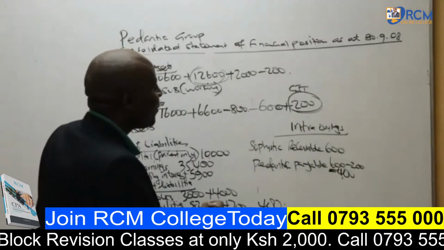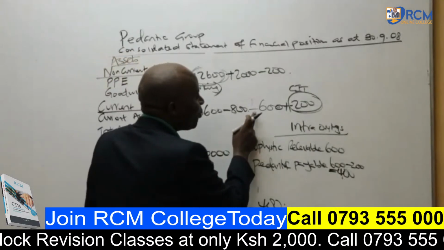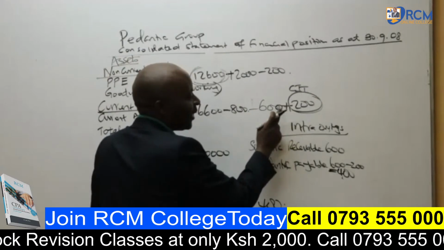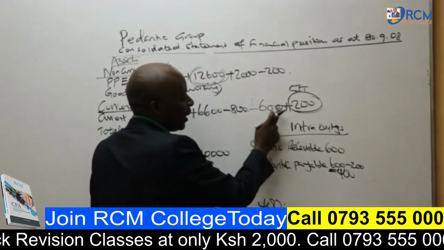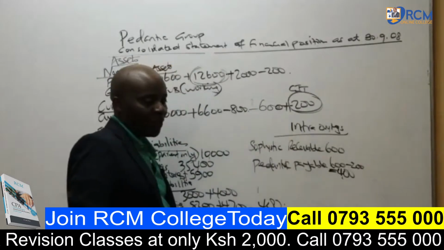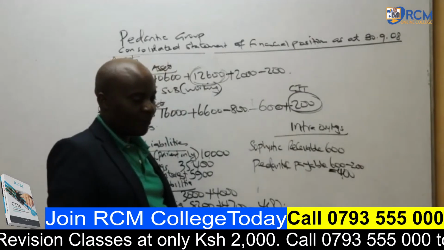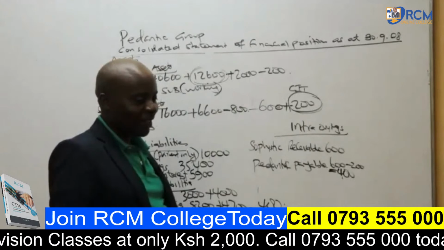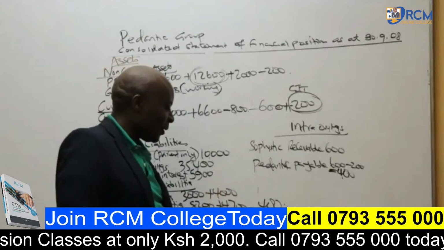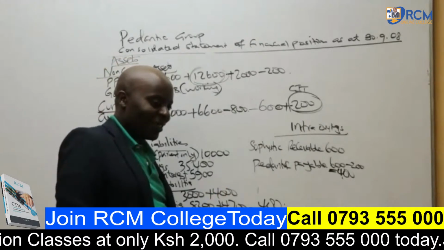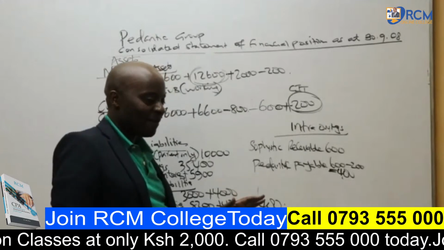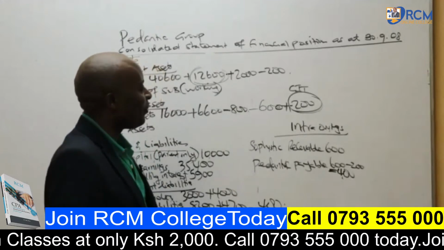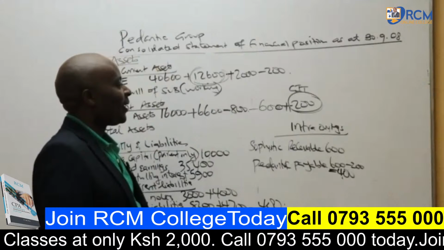Alafu unajua ukiwa mwanafunzi mwerevu, for purpose of balancing, you see minus 600 plus 200. What is minus 600 plus 200? It's minus 400, which matches this. For balancing purposes, sasa hapo tuko sawa.